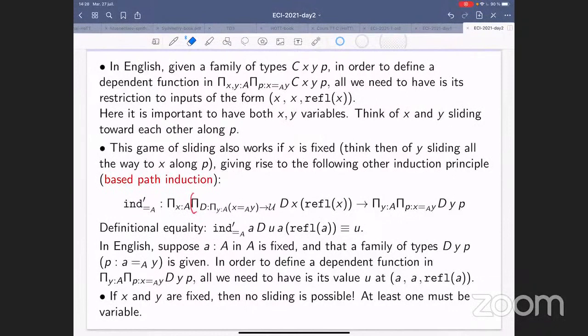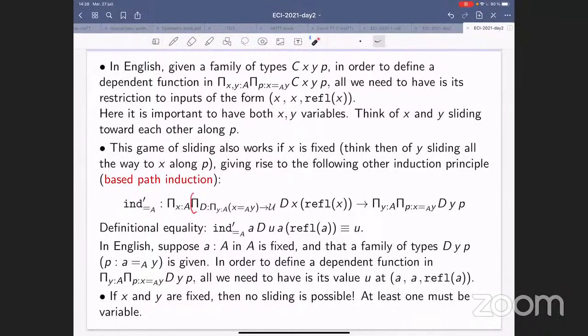In order to define a dependent function in this type here, which I already commented on, all we need to have is its value at a, refl of a.